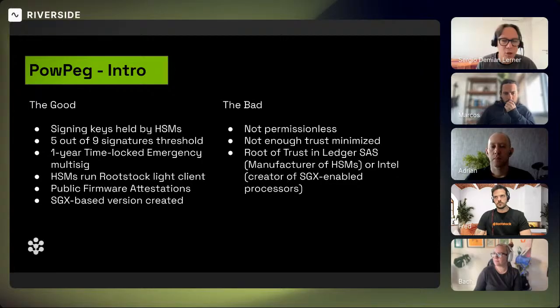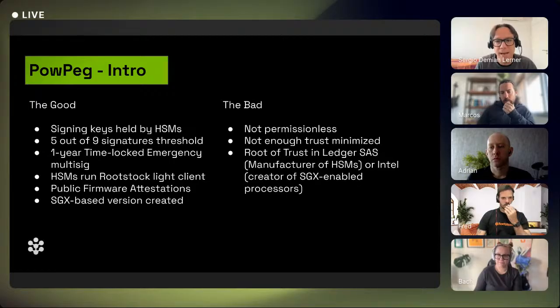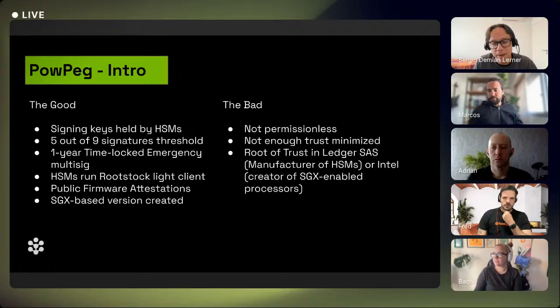There is also some root of trust in Ledger, the manufacturer of the HSMs, and Intel, the creator of the SGX-enabled processors, because they are the ones creating these firmware attestations, signing with the manufacturer key. So these are the critiques. We wanted to make something even more secure, but more decentralized, essentially.